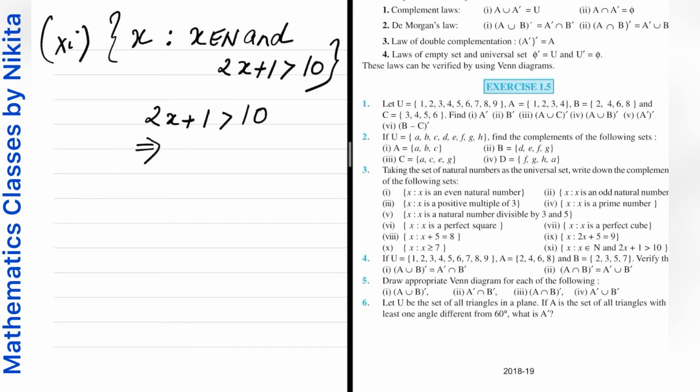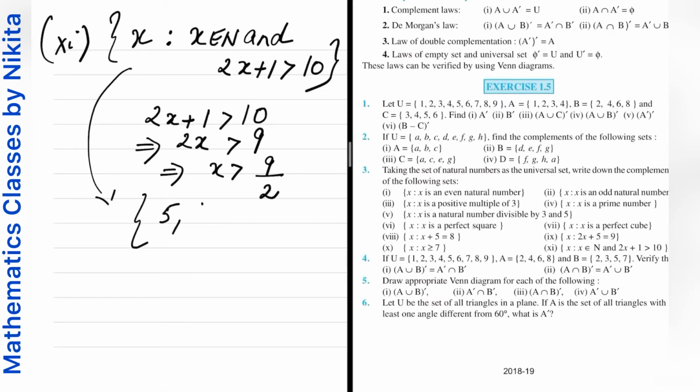So this implies 2x is greater than 9 and this implies x is greater than 9 by 2. तो जो गिवन सेट है उसके अंदर वो सारे नेचुरल नंबर्स हैं जो कि 9/2 से बड़े हैं. 9/2 इज़ 4.5. सो दैट मीन्स ये जो आपका सेट है अगर मैं इसको रोस्टर फॉर्म में लिखूँगी सो दिस कंटेन्स 5, 6, 7, 8 एंड सो ऑन. सो ऑल द नेचुरल नंबर्स ग्रेटर और इक्वल टू 5.